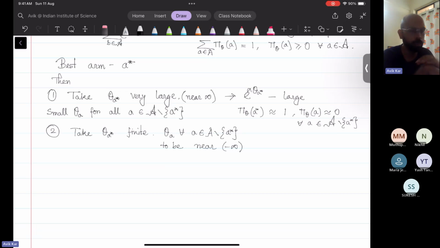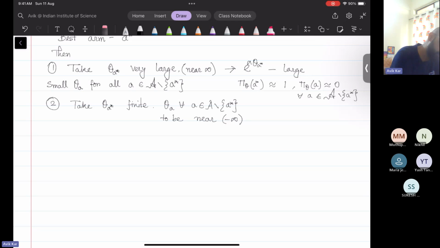So initially your policy will be to try all the arms, and eventually when you are more sure about which arms are better, you will put more probability on those arms. It's simple: when you know certain arms are performing better than other arms, put high probability on better performing arms.